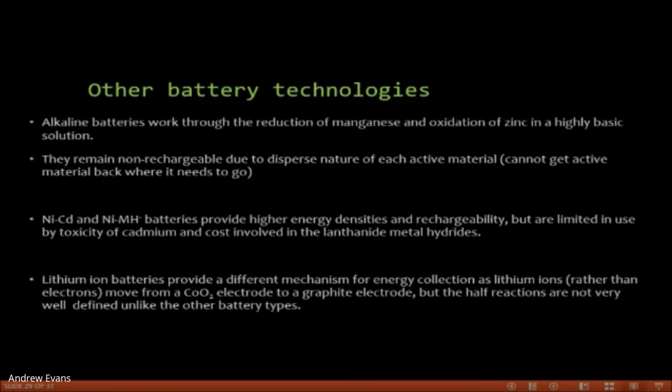The whole ion transfers between a cobalt oxide electrode and a graphite electrode. So instead of just a single electron, we're transferring a charged metal. So there's some weird stuff going on there. If you want more information, there should be some chapters in the book you can look at. But some really interesting stuff going on here.